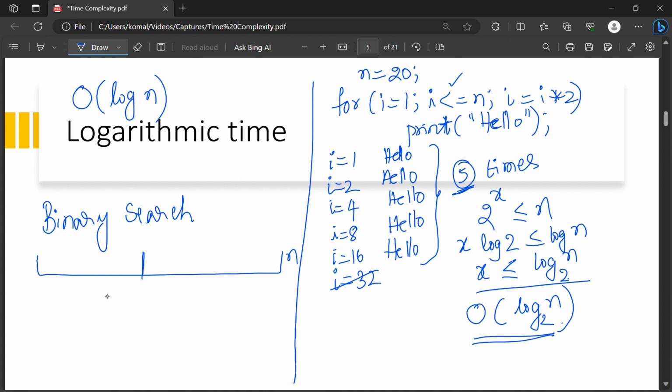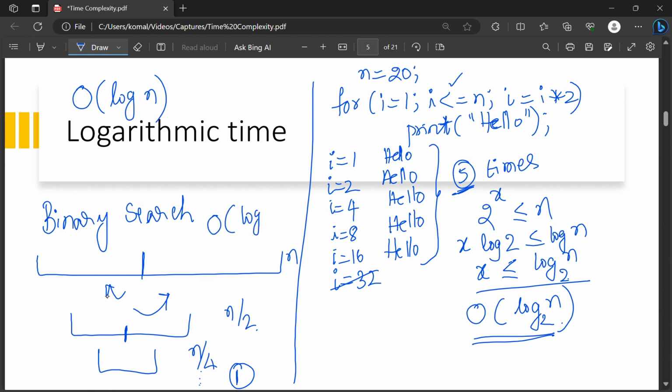Then the search operation is performed either in the first half or in the second half. That means the size of this sublist becomes n by 2. Next, again the same process is repeated, the division happens. Next, the size of the list becomes n by 4 and so on until the size of the list becomes 1. That's why it consumes big O of log n to the base 2 time complexity.